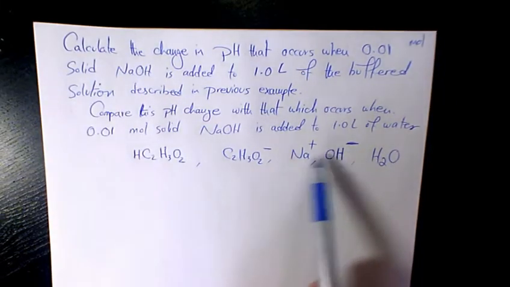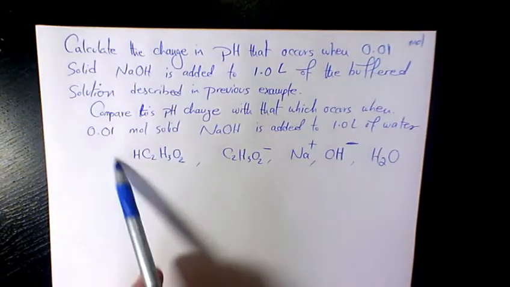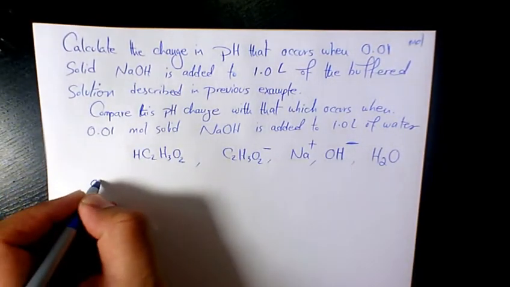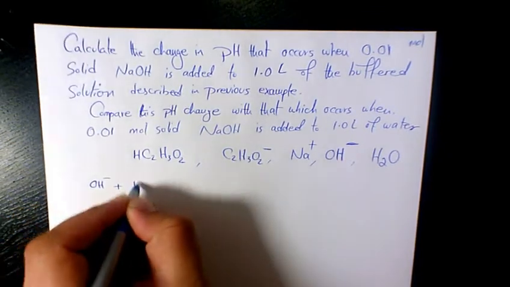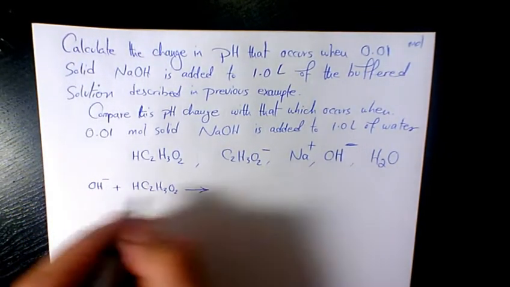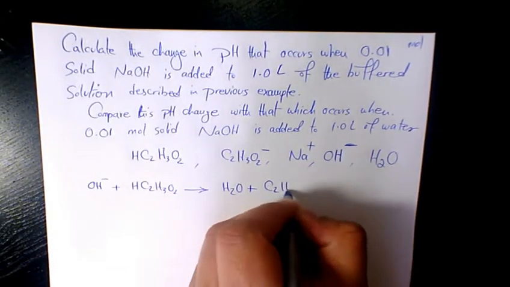Since it's dissociated completely, we have OH minus and we have acid here. So we have base and acid, so definitely they react together. OH minus plus HC2H3O2 is going to give us water plus acetate.